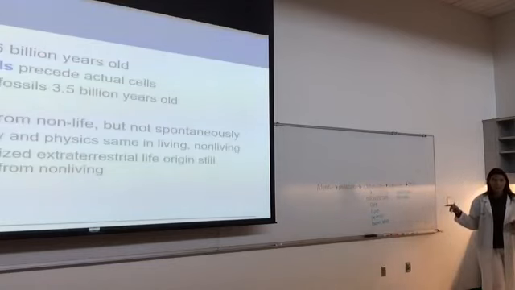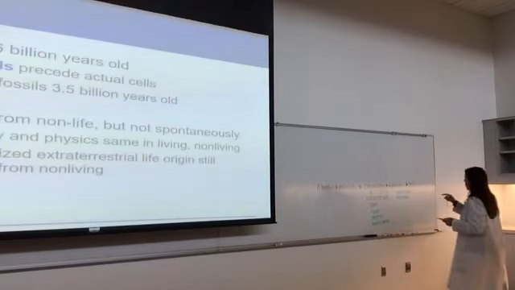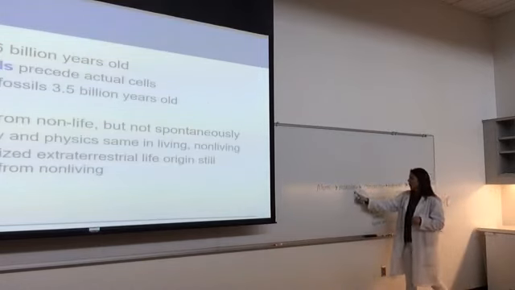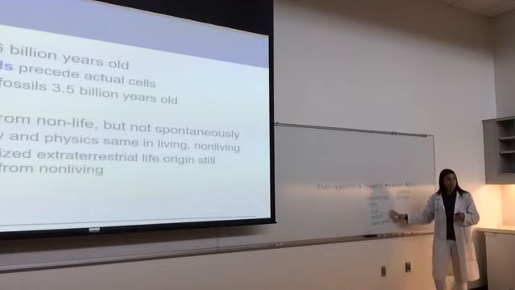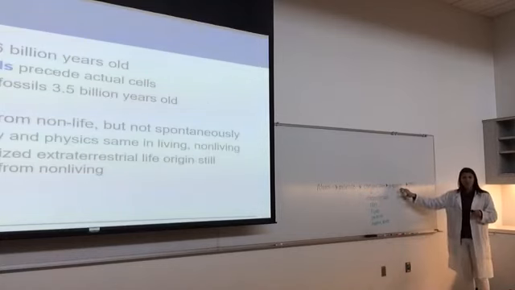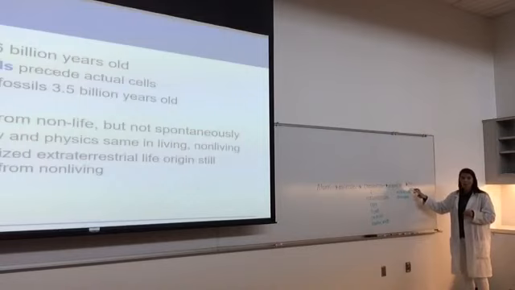Okay? This transition. So, are atoms alive? No. Are molecules alive? No. What about compounds? Carbohydrates, lipids? Are these alive? No. Organelles? No. But when organelles come together, they form cells.